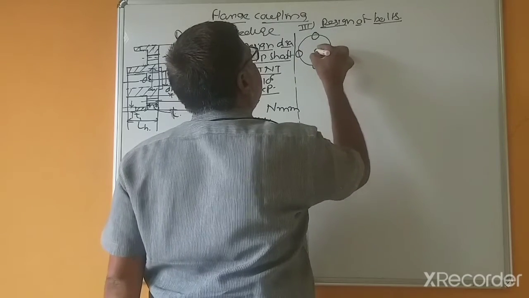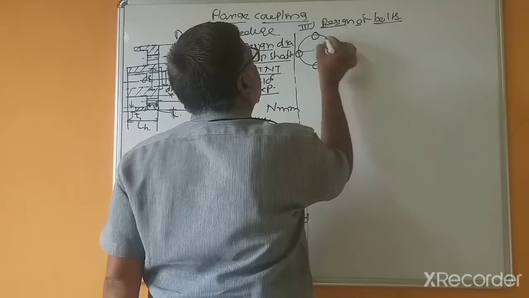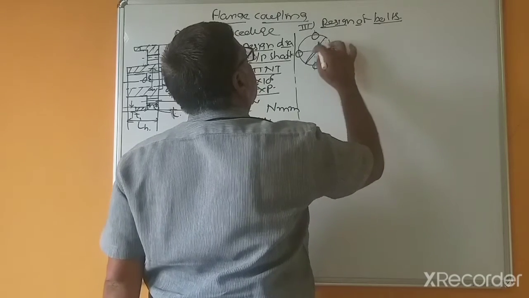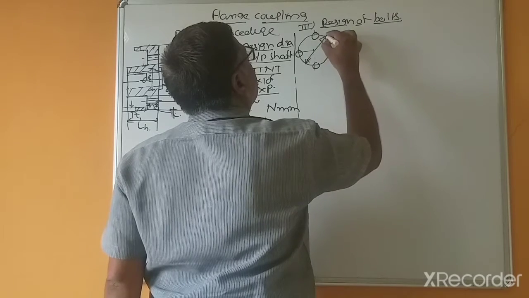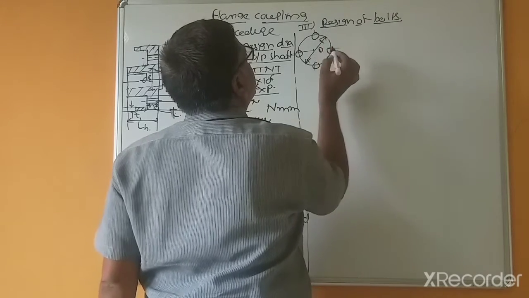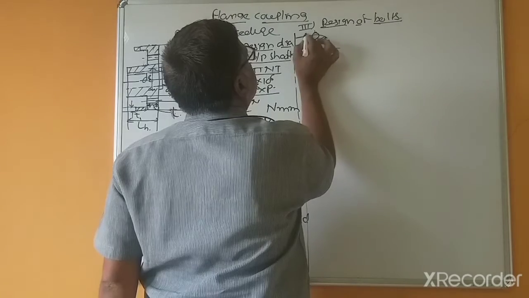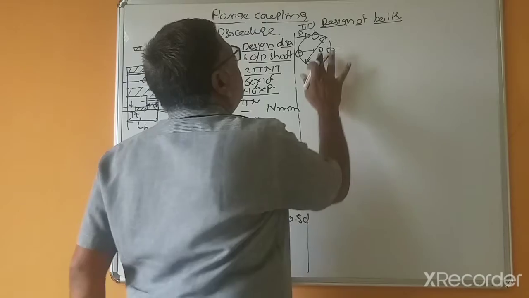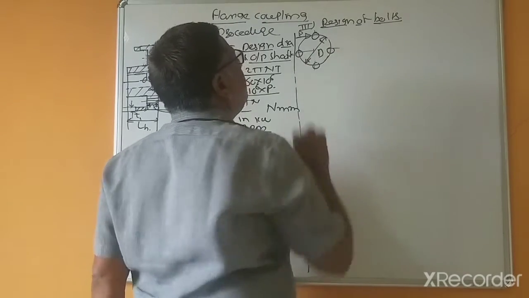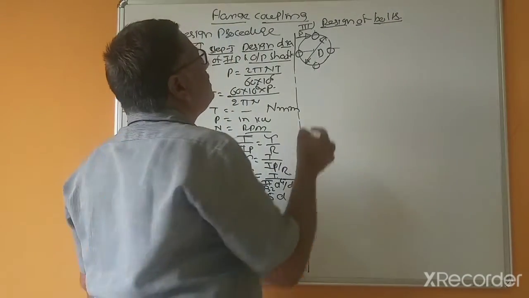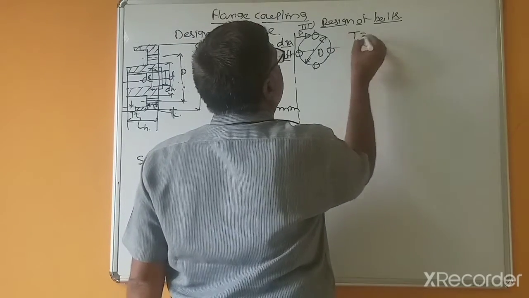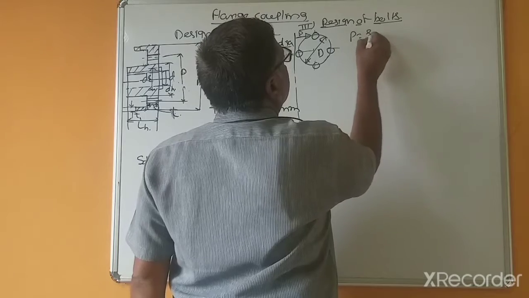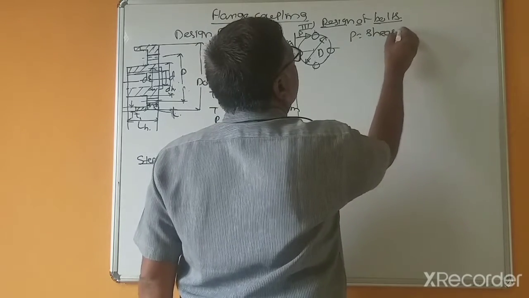Suppose this is the PCD, D is the diameter, and this is the force acting, P. In this case, torque equal to, what is the formula? Force P is the shear force.